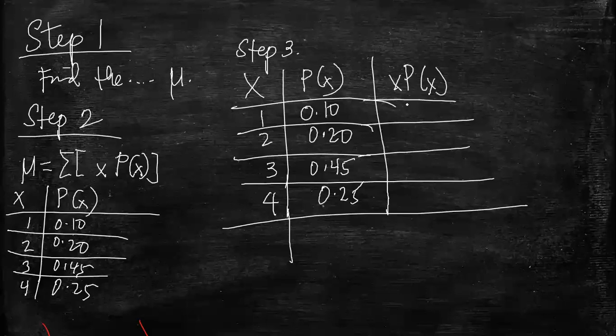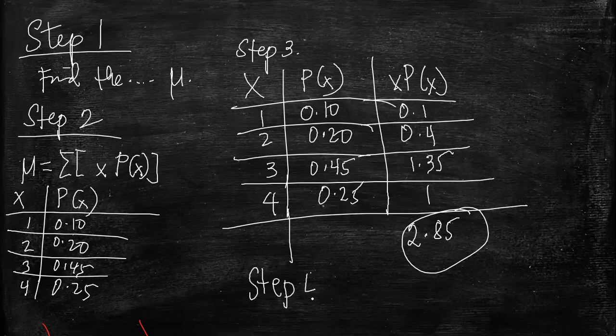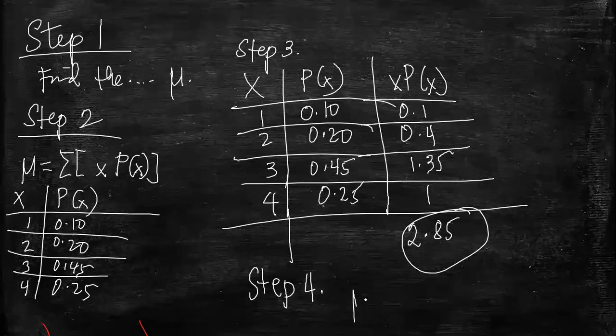Okay? So we have 0.1, 0.4, 1.35, and 1. Add them up. The answer is 2.85. Ngayon, class, ano ibig sabihin ng 2.85 na yan? Sa step 4 natin, class, wala muna tayong interpretation. Okay? Ilagay lang muna natin is mu is equal to 2.85.